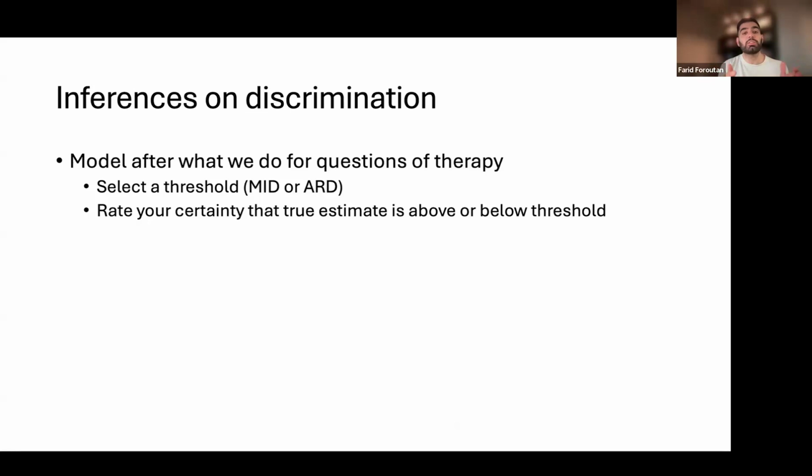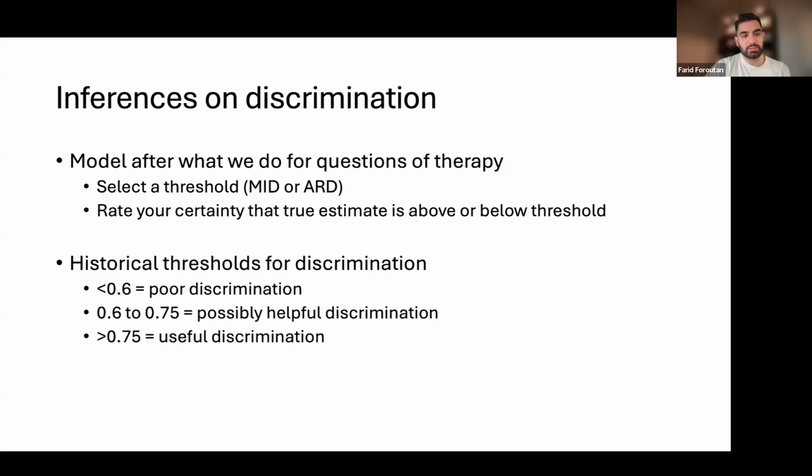And we rate our certainty in the world of therapy as to whether the effect estimate from your meta-analysis lies in relation to that threshold. Is it a small, meaningful benefit? Is it an unmeaningful benefit? Or just some benefit, but not truly meaningful to most individuals? Where does the point estimate lie in relation to that threshold? We try to model it after this.